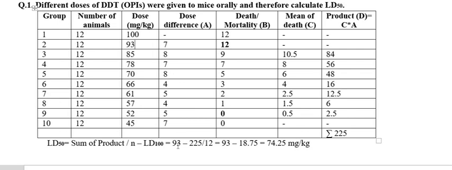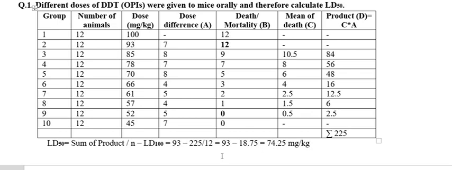So 93 is the LD100 minus sum of product, which is 225, divided by total number of animals in each group. The total number of animals in each group is 12. So this becomes 93 minus 18.75, and this is equal to 74.25 mg per kg. So this is the LD50.